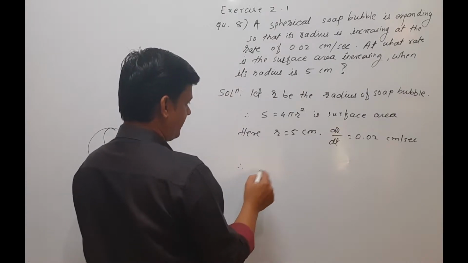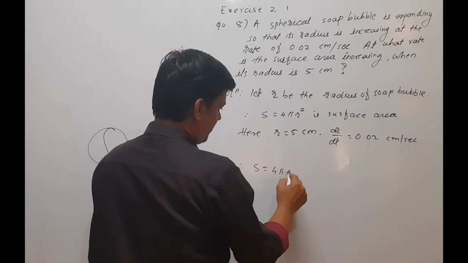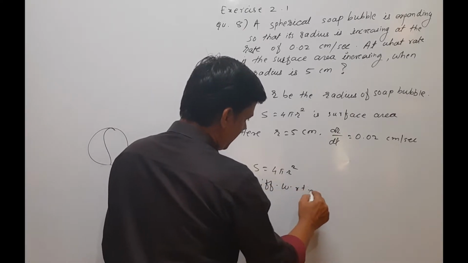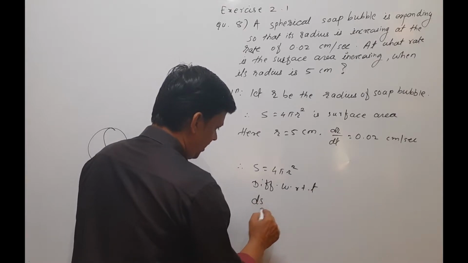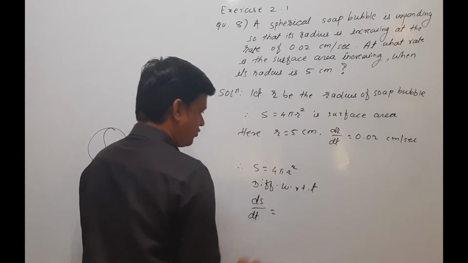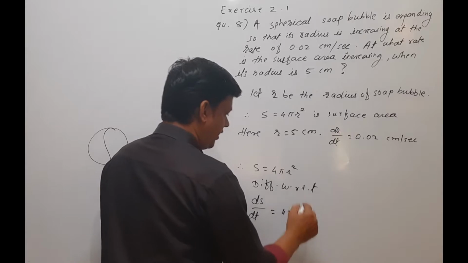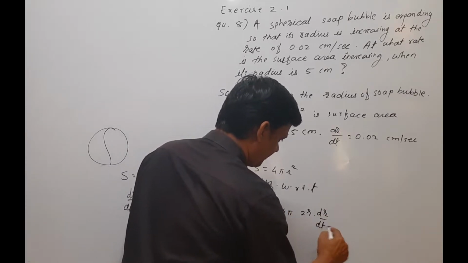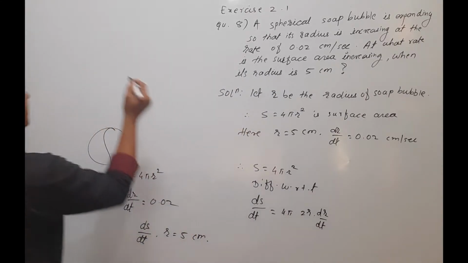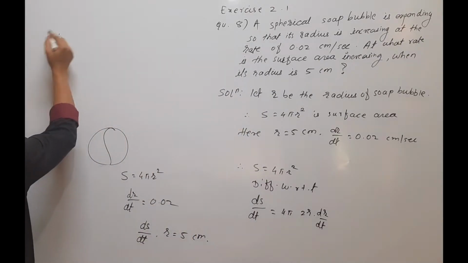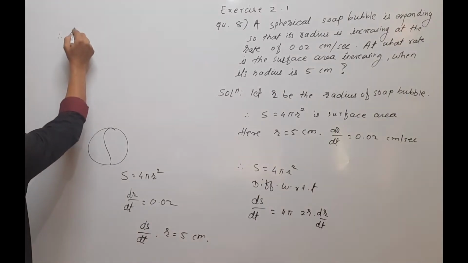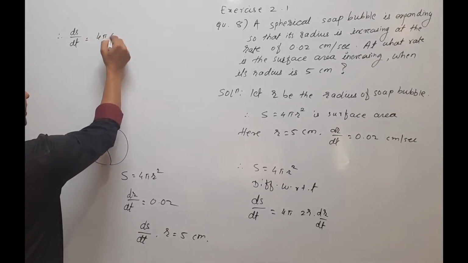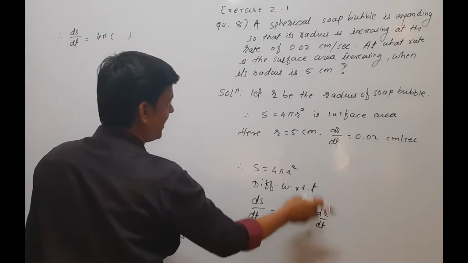So write here S is equal to 4 pi r square. So differentiate with respect to t, we get ds by dt is equal to 4 pi is constant, derivative of r square we write 2r into dr by dt. So right here, therefore ds by dt is equal to 4 pi into, we write this r as 5.